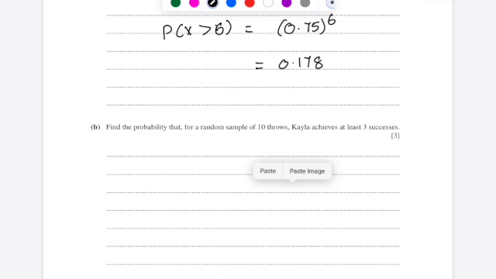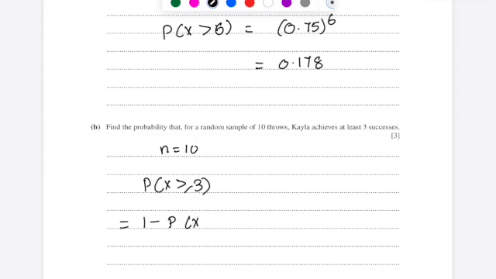Find the probability that for a random sample of 10 throws, Kayla achieves success at least 3 times. So n equals 10, and at least 3 times means probability of x greater than or equal to 3, which is difficult to do directly.